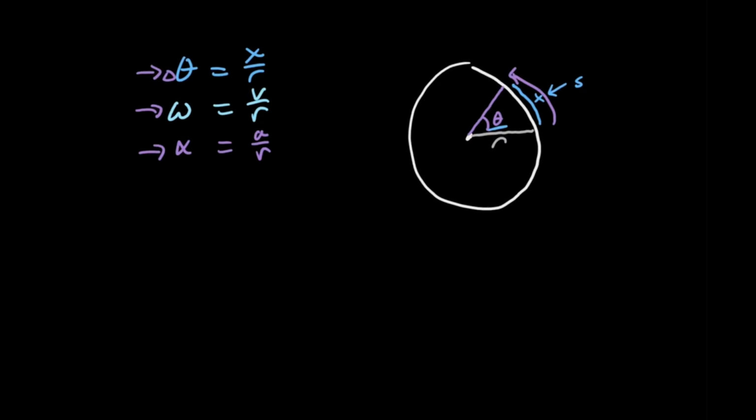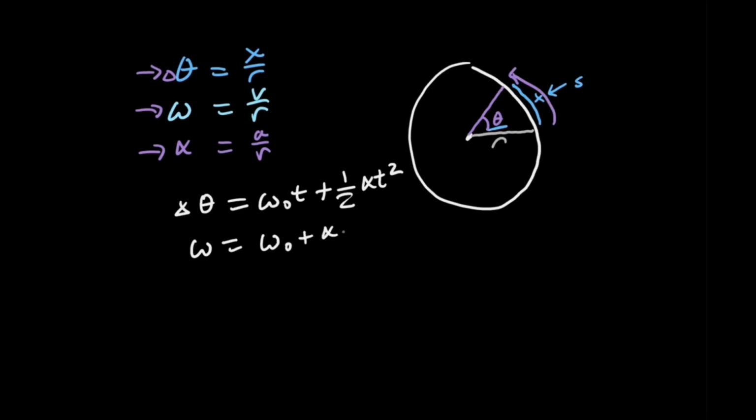Again, similar to normal kinematics, we have three big equations that we can use if the rotational object is in constant angular acceleration, and those are the same essentially. We just swap out our variables. So this is our first one here. This is our second one.